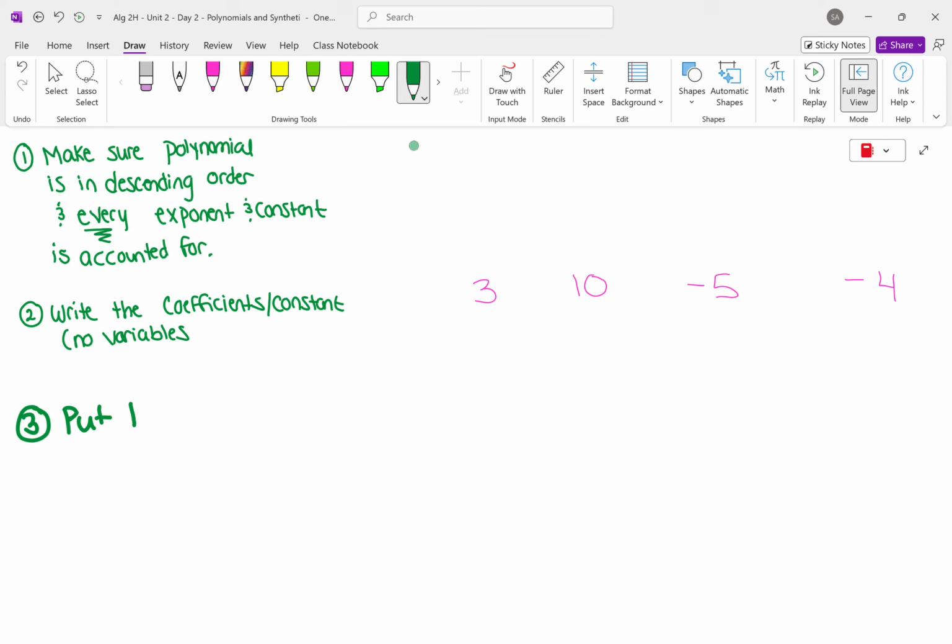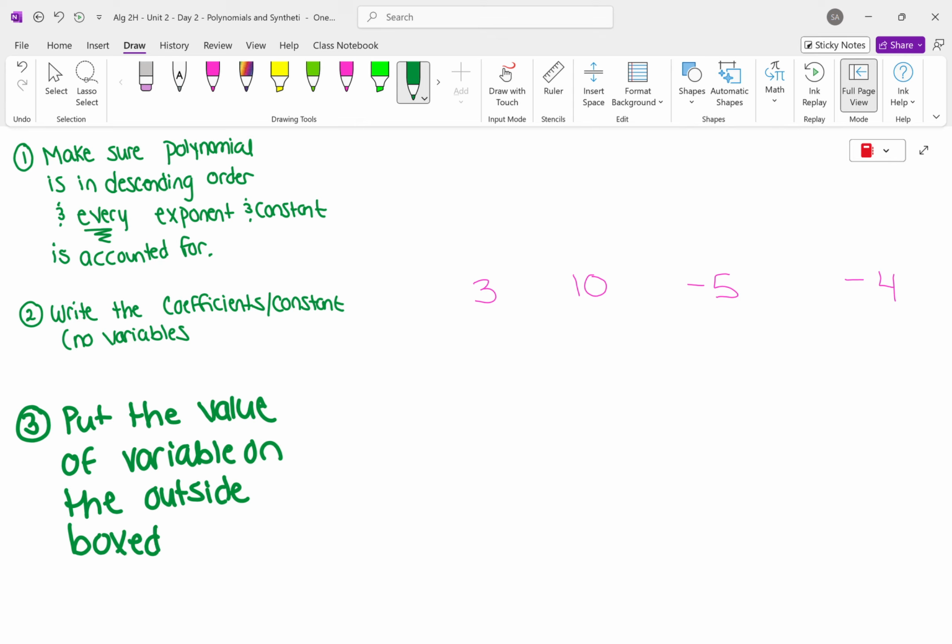Okay, then what we want to do, put the value of the variable on the outside, boxed off.